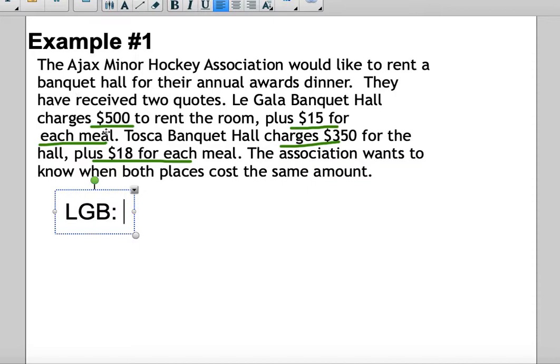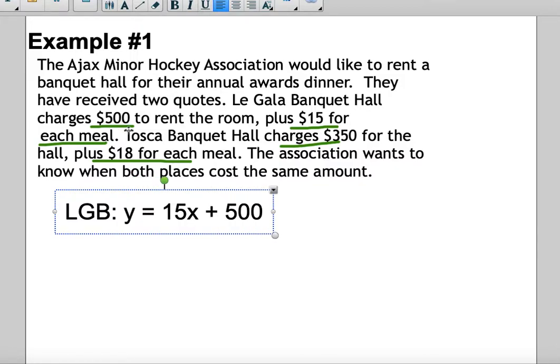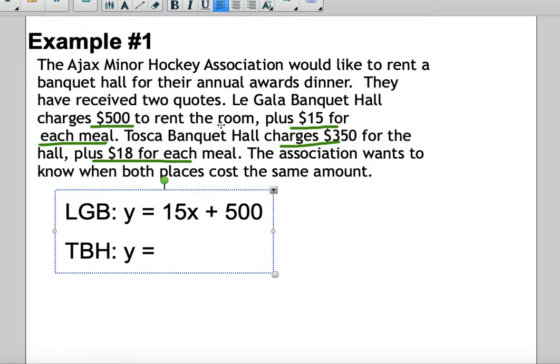So we know that their total cost is equal to the $15 per meal plus $500 to rent the hall, whereas Tosca Banquet Hall total cost is equal to a rate of $18 per meal plus a $350 charge to rent the hall.